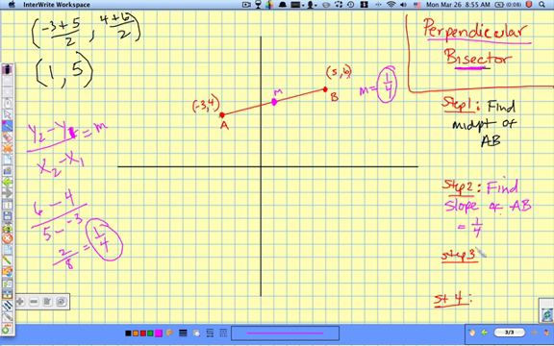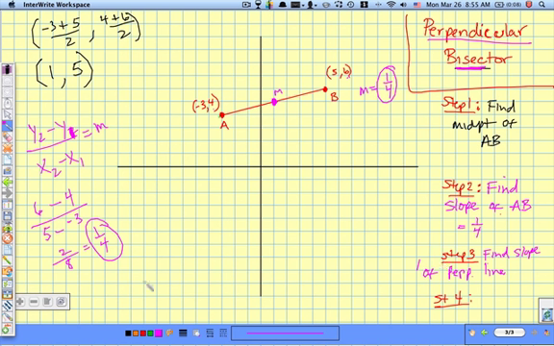So, step 3, find the slope of the perpendicular line. You might want to write off to the side, slopes are opposite reciprocals.